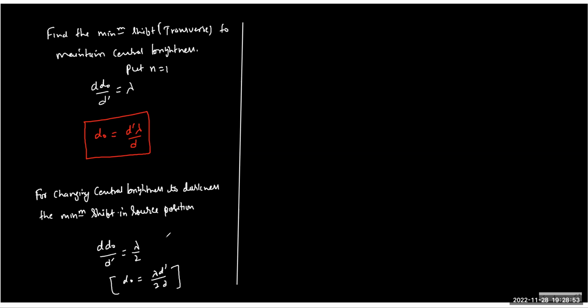So what really matters is the maximum path difference we can create. The number of bright fringes or dark fringes are always equal.